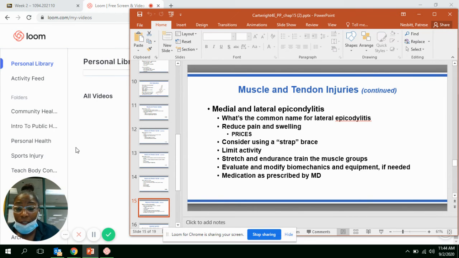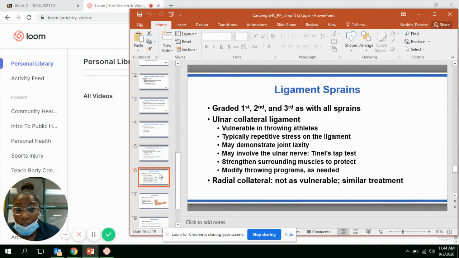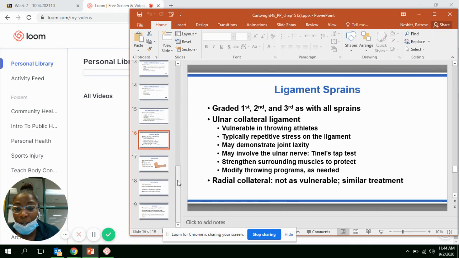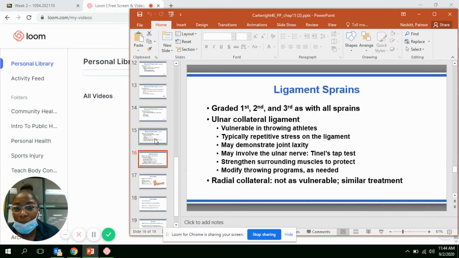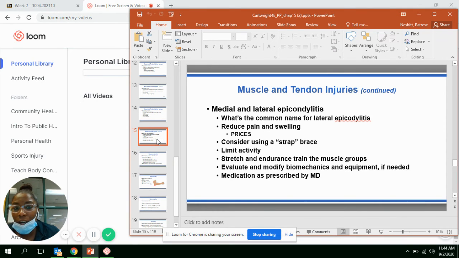Oftentimes with the injuries, it might occur in golfers, but it's not just limited to golfers. It can occur in any athletic activity. It can occur in any occupation. Now, going forward, I think I missed tennis elbow. No, it's the same slide.